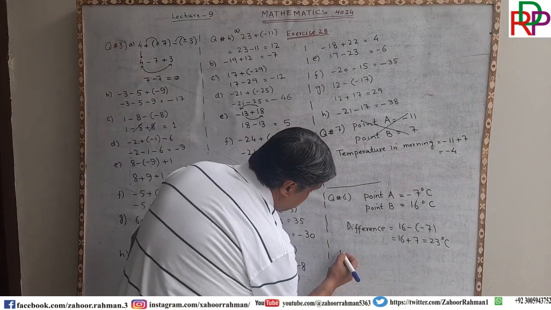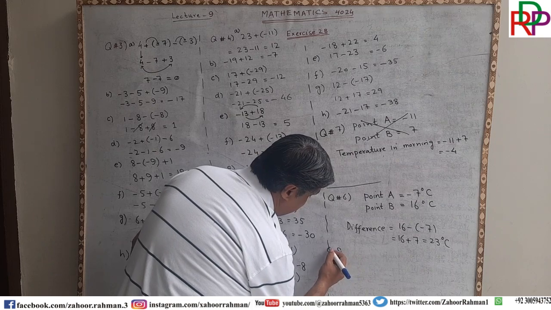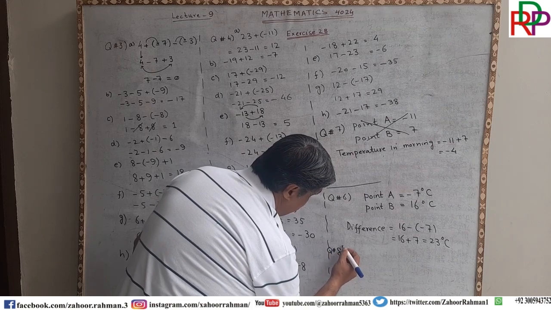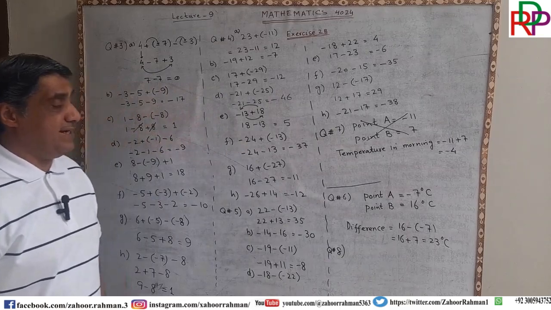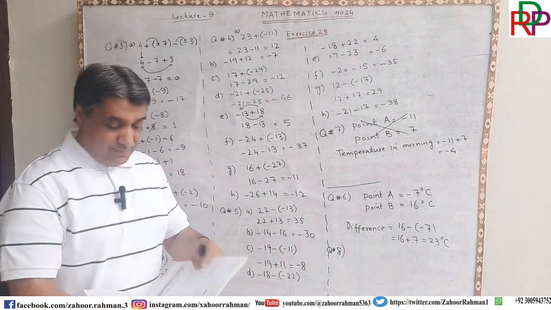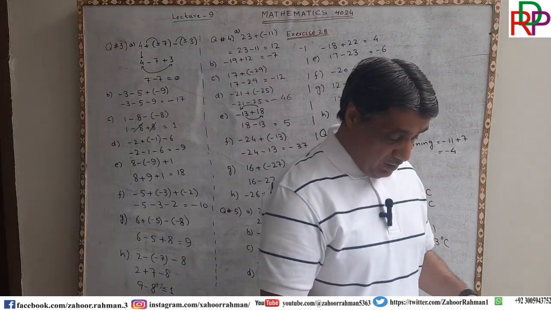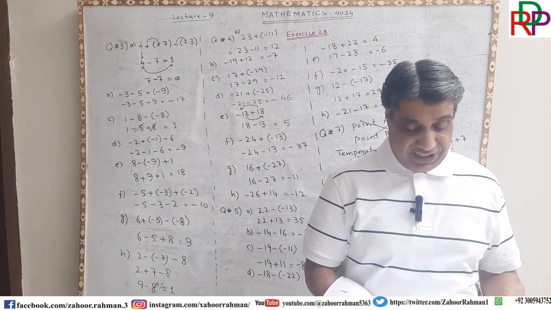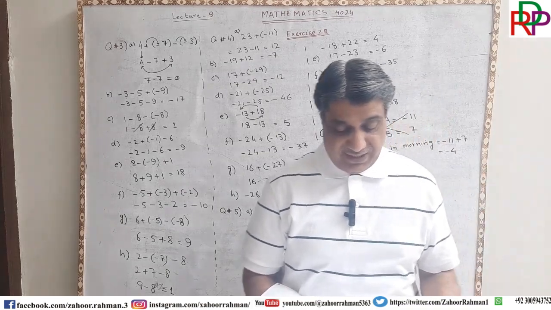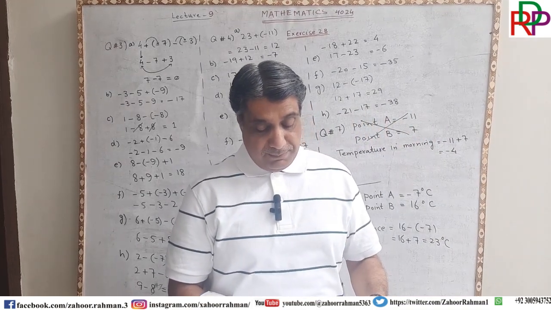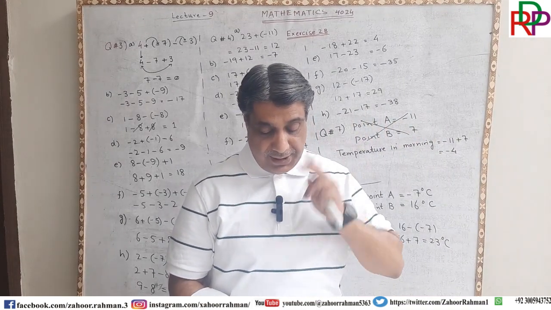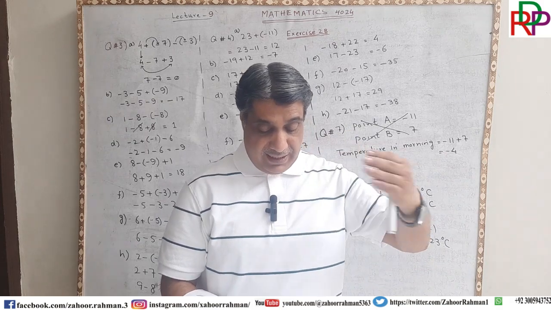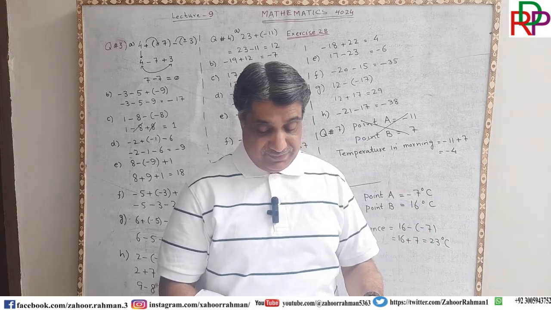Now we are doing question number 8. If you are having a book with you, see it. I am also reading it. If somebody is not having the book, please read it again and again, revise the question.